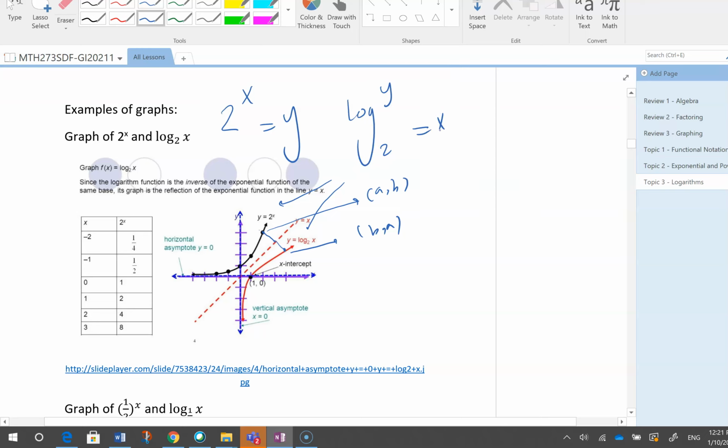But when I want to show the function, I just do logarithm x base 2 because I want to have input as x and output as y. But when I want to make a connection between these two functions, I say x and y exchange.